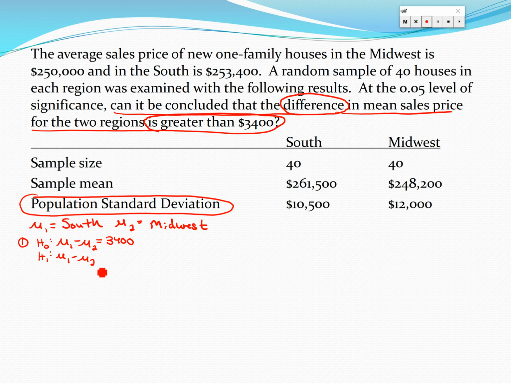And then in the alternative hypothesis, we want to know if that difference is greater than $3,400. So since we're looking for the difference to be greater than 3,400, again, that's why I put the South as my mu sub 1, because in the previous study, the South was larger than the Midwest.